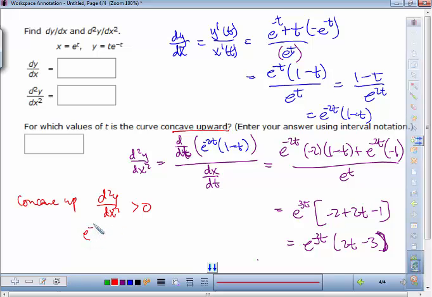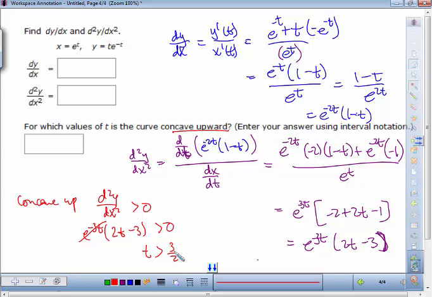And if you remember, our rules for exponential functions are that they're always positive, and so we can basically eliminate that. And so we can divide out by the exponential, and then we get t. If we just bring the 3 over, it becomes a positive, and you divide by positive 2, so 3 halves.